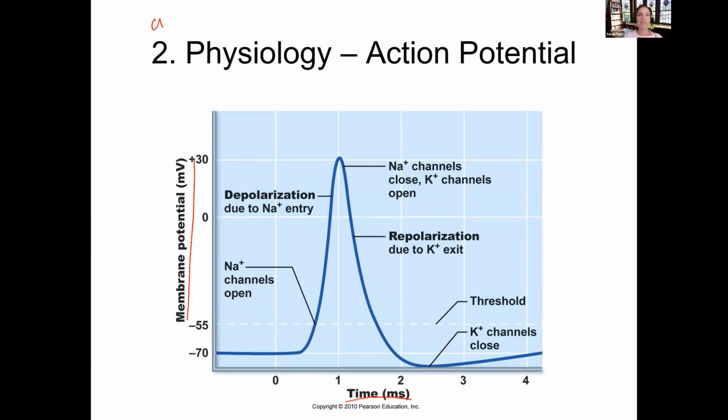Now notice time is in milliseconds. This happens really fast. So it spreads not on the order of seconds, but milliseconds. So this is why you can get very quick contractions. It's not like it's taking a really long time to depolarize and get an action potential and repolarize and go through the sodium potassium pump. It's super fast. And so that's what this image is trying to show you.